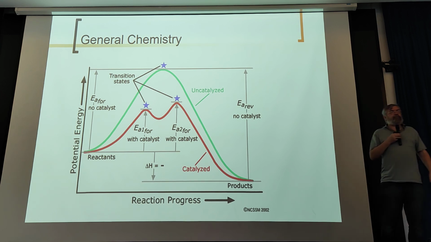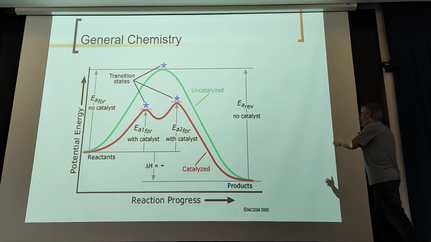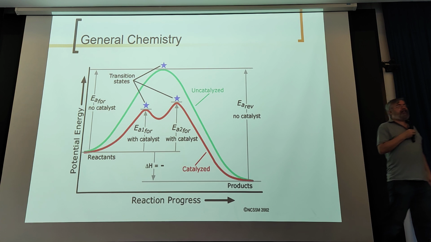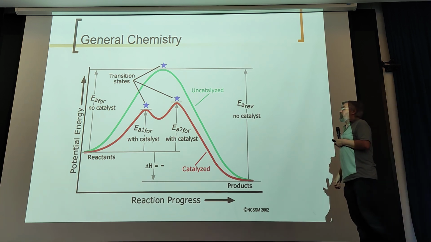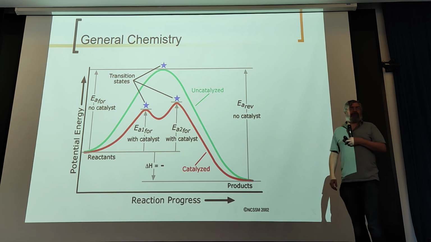Now, if you look at the reaction profile, we're having again energy, potential energy, in function of the reaction progress. So we start with the reactants, we go to the products. Now the green line is the uncatalyzed reaction. As you can see, it goes over a large energy mountain. So this is a very large activation energy, so in other words, a slow reaction.